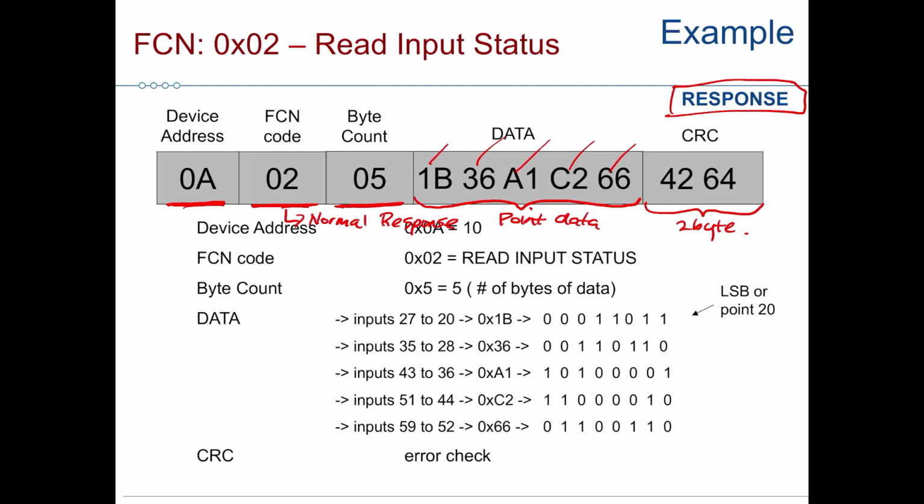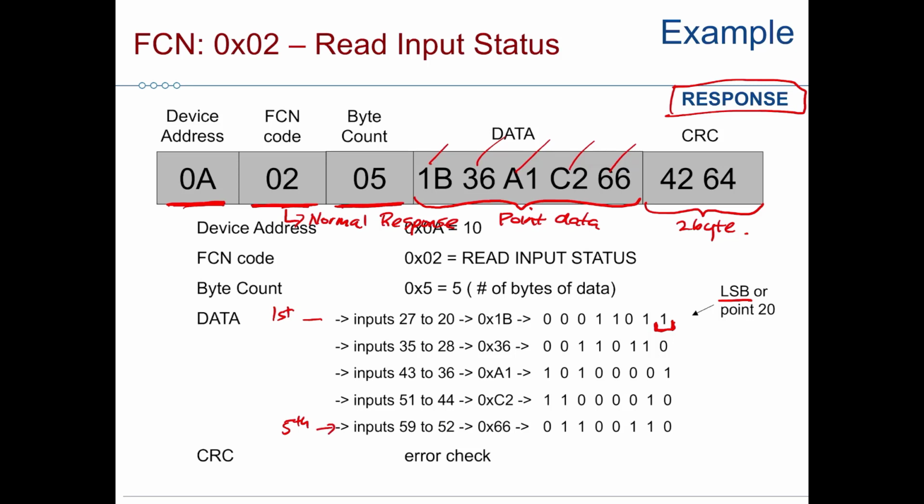But once we do have that information, such as the start address, what we can say for sure is that the least significant bit of the first byte, remember, this is the first byte, this is the second, third, fourth, and fifth byte down here.